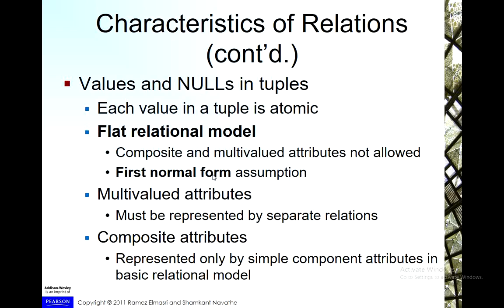It is not allowed in that sense, but it is not recommended, I have to say. In the relational model, it is better, instead of a name, to have first name, middle name, and last name.